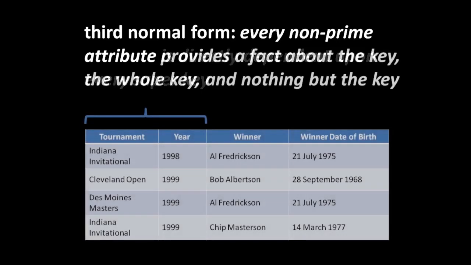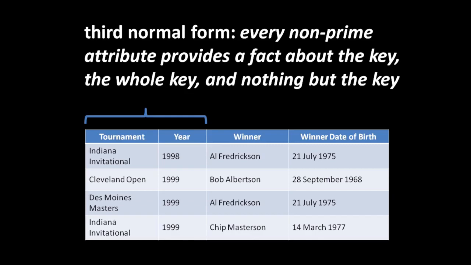And the way this goes is every non-prime attribute provides a fact about the key, the whole key, and nothing but the key. Looking at an example here which violates this rule, we have this table of tournaments and their winners, which right off the bat, just saying tournaments and winners, should raise alarm bells, because tables should be about one sort of thing, not multiple things.